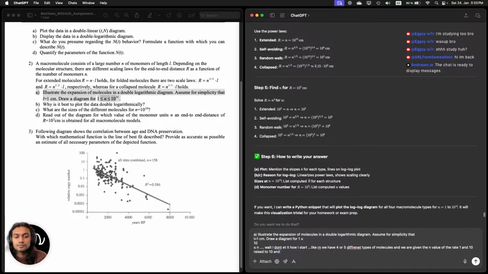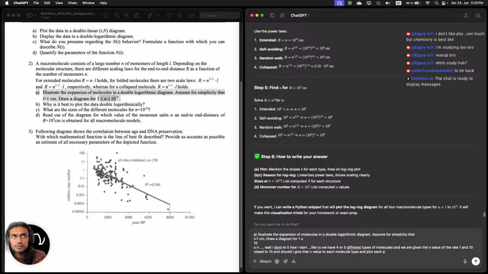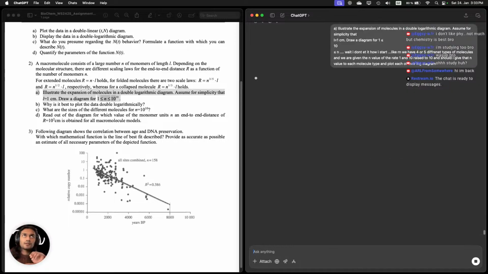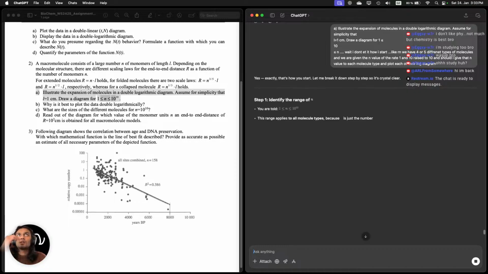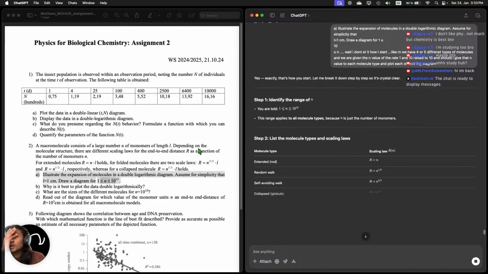Should I give that n value to each type of molecule and plot each of them in a log diagram? Exactly, that's how you start. That's a lot of work.